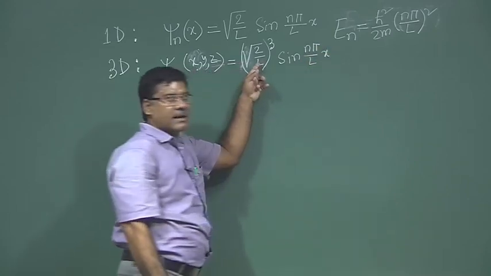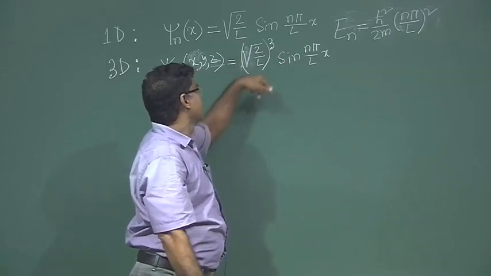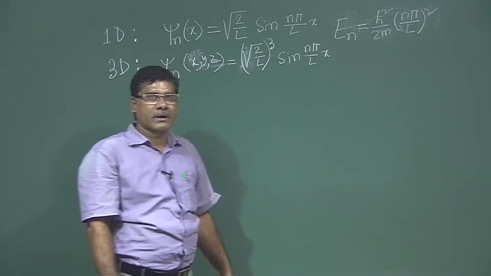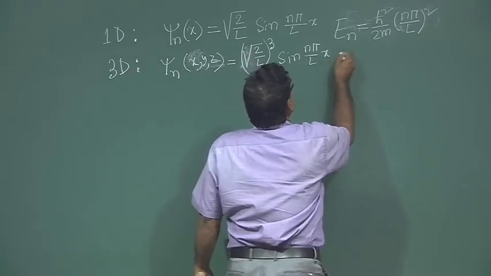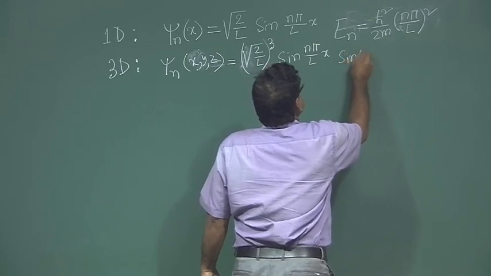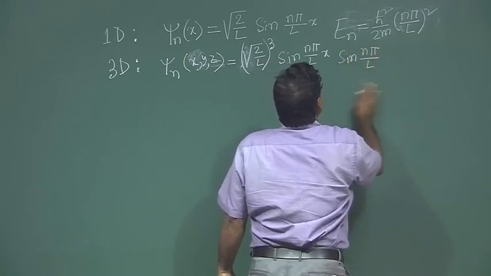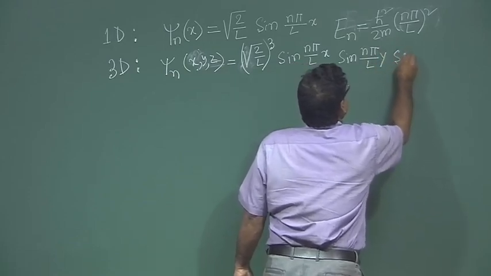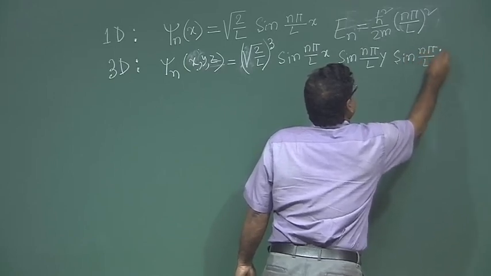So, one can take L x, L y, L z. Then square root of 2 by L x into square root of 2 by L y one has to write, there sin n pi by L y, sin n pi by L z.